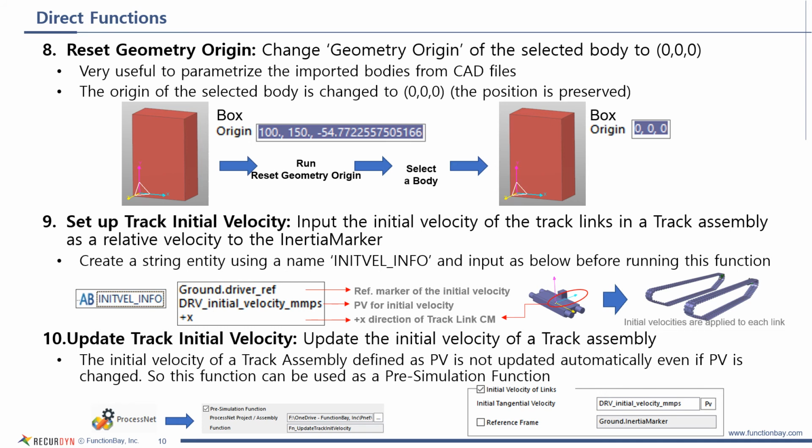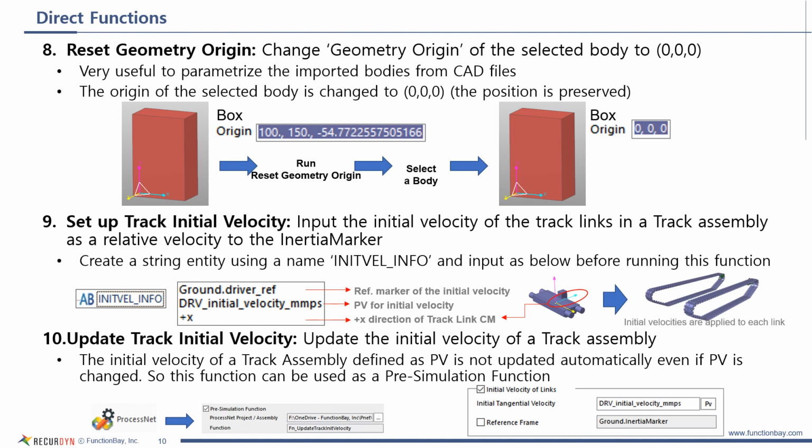The 10th feature is Update Track Initial Velocity. This function updates the initial velocity of the track assembly. If you set the initial velocity to a parametric value in the track assembly properties, however, when the parametric value is changed, it is necessary to open the track assembly properties window again and click the Apply button to update the initial velocity of the track assembly.